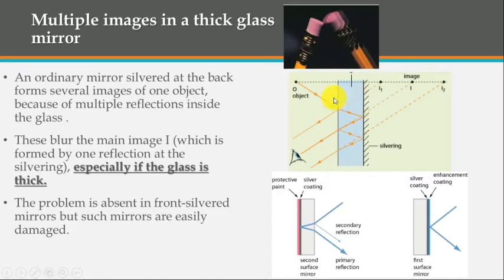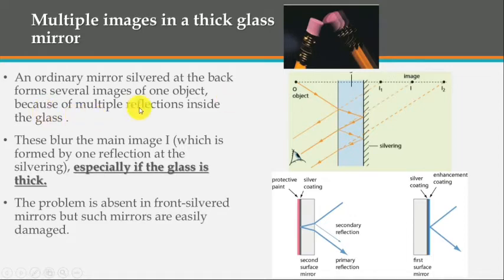So when light enters the glass, what will happen to it? Before it reflects from this silver surface, what will happen? Especially mirrors, they have thick glass, not thin glass. It will refract and some light will reflect. We said that. Okay? Refract and reflect.